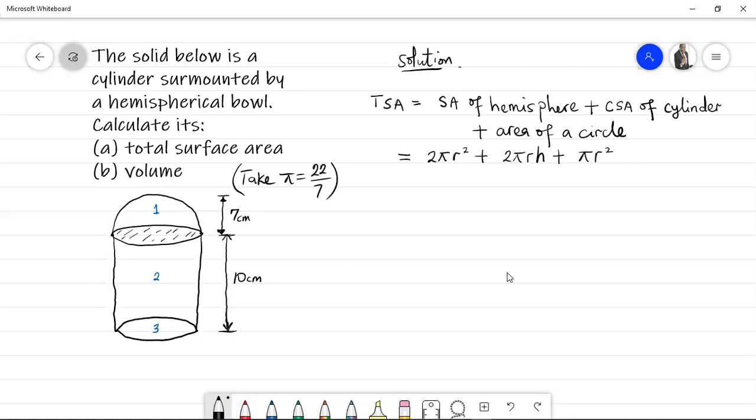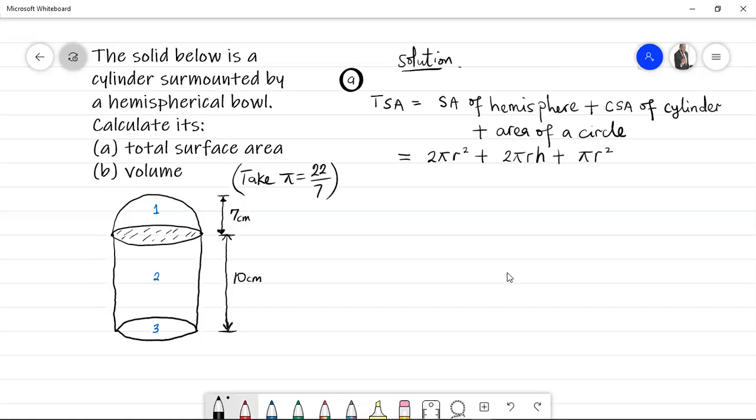So this is how we get our total surface area. And that is the beginning of the solution of question A. To find the surface area of the hemisphere, we need the radius. To find the curved surface area of the cylinder, we need the radius. And to find the area of the circular base, we need the radius.